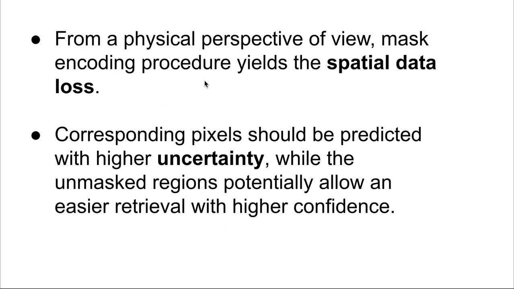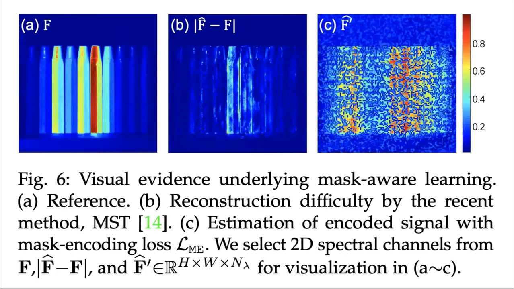Then the corresponding pixel should be predicted with higher uncertainty because it is masked, while the unmasked regions potentially allow an easier retrieval with higher confidence. So basically, for the pixels in the unmasked regions, since we have the reference ground truth, we should be able to retrieve them more easily compared to the masked pixels. And here's an illustration.